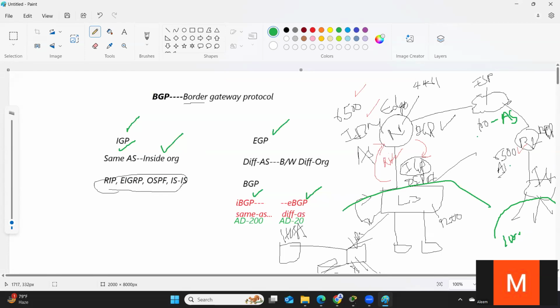This router has to maintain these prefixes, the locally originated prefixes, and also the remote branch prefixes. So that is the reason it is used there. It will maintain lakhs of prefixes in the routing table.